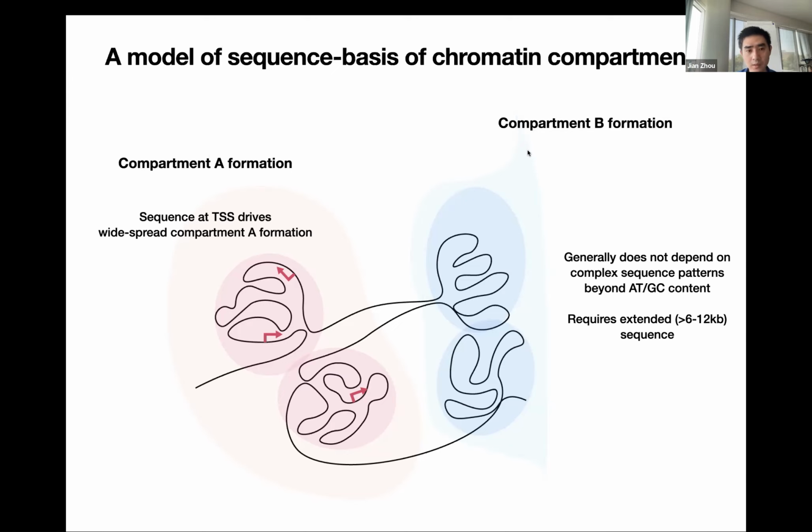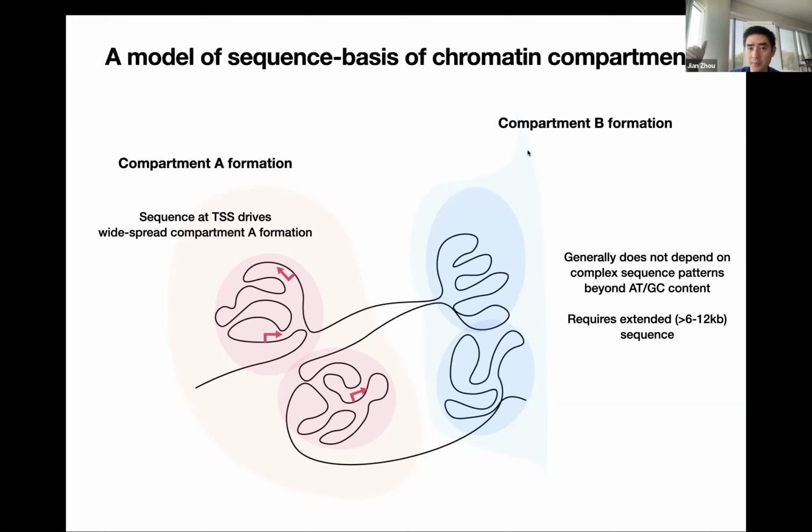One remark I want to make here is that the size of about 10 kb is interestingly also consistent with experimental approaches that measure the minimal size of genomic sequence fragments to maintain a stable chromatin compartment. If we chop the genome into fragments that are beyond 10 kb, then the chromatin compartment structure is largely preserved.